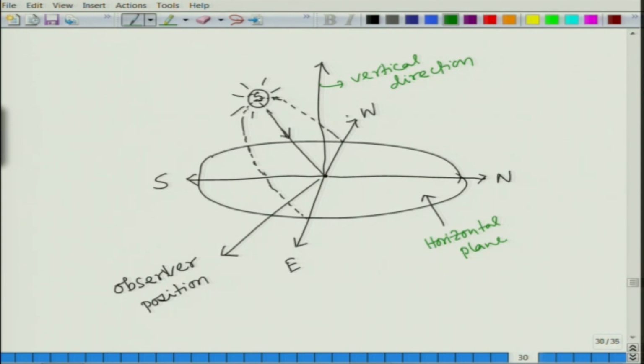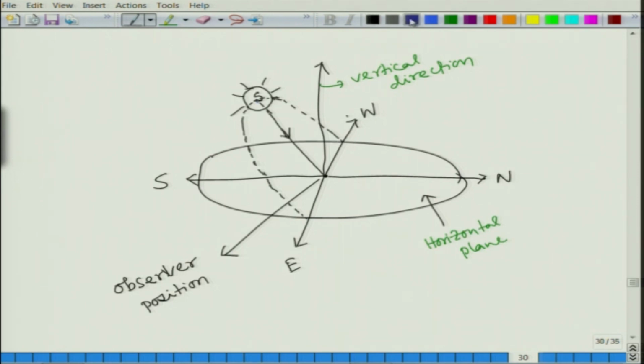Now, you can drop a projection of the solar position on the horizontal plane. Before you draw that projection, let me just delete this. Oh, I have deleted the sun as well.